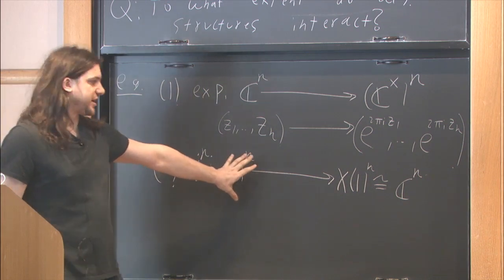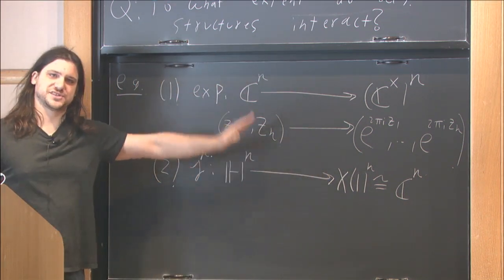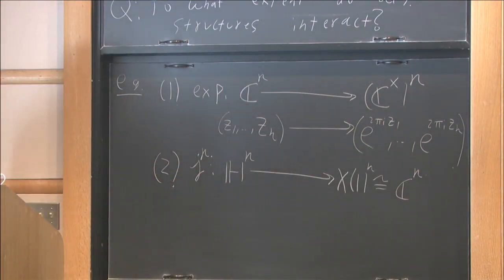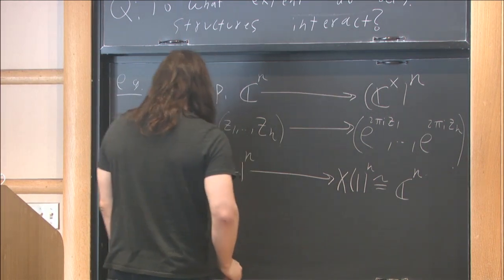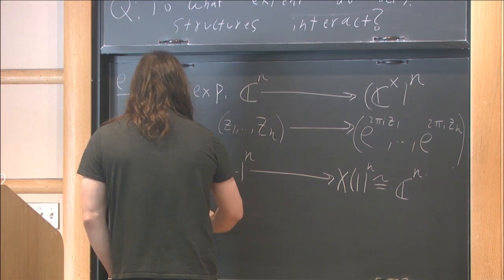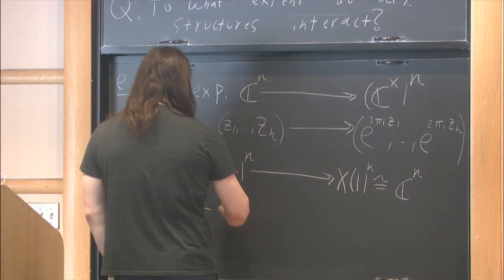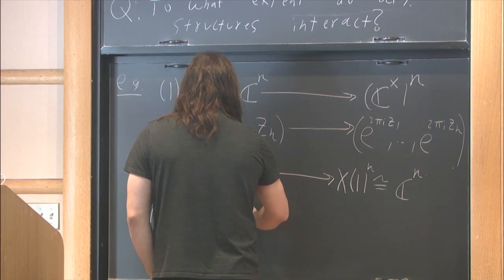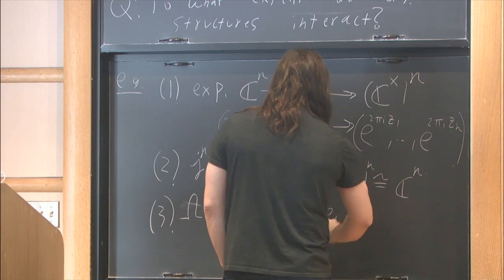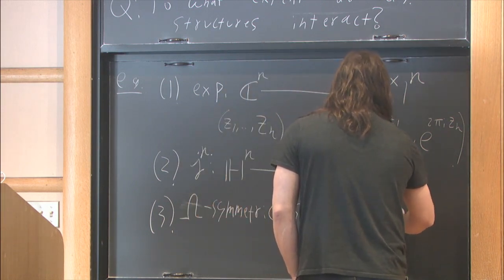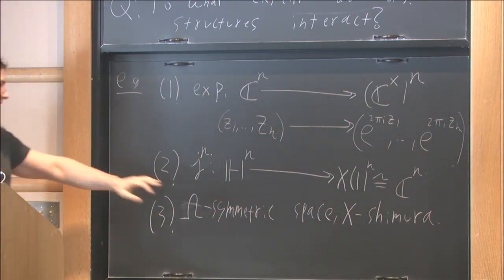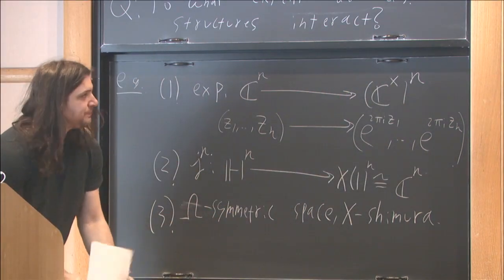And so you certainly have an algebraic structure over here, and you can talk about algebraic varieties intersecting the set, and ask to what extent they interact. And then more generally, you can take omega to be a symmetric space of an appropriate type, and X to be a Shimura variety. This is ultimately the case that I'm going to talk about today.